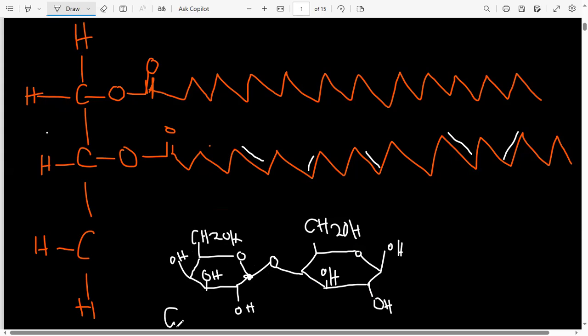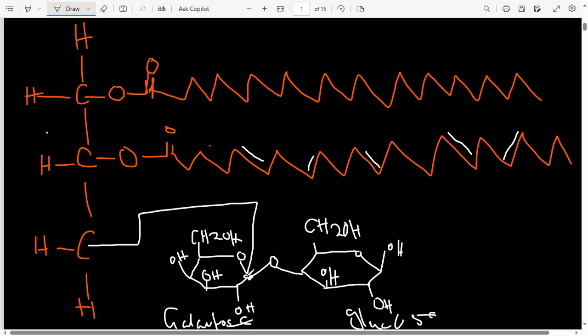The first one is galactose. The second one is what? Glucose. So what will happen is that the carbon here will come and it will react with the anomeric carbon here. Okay, so that will be the bond there.